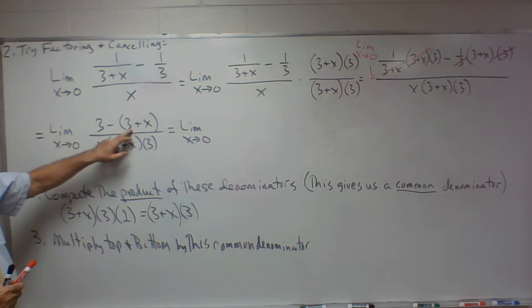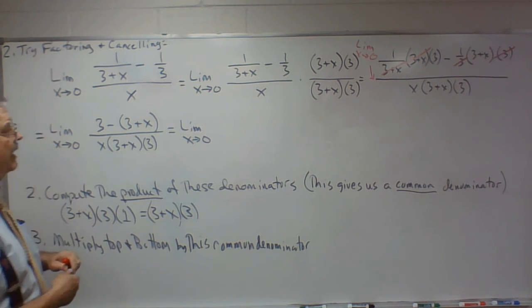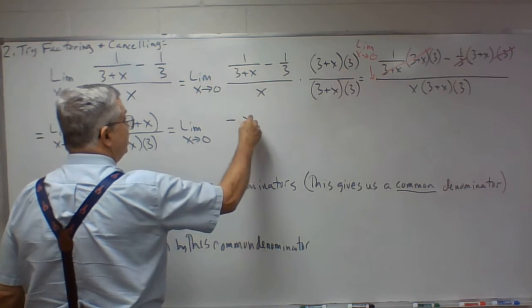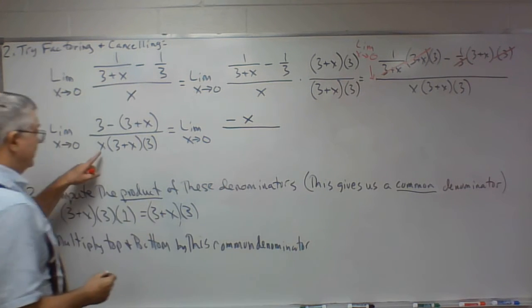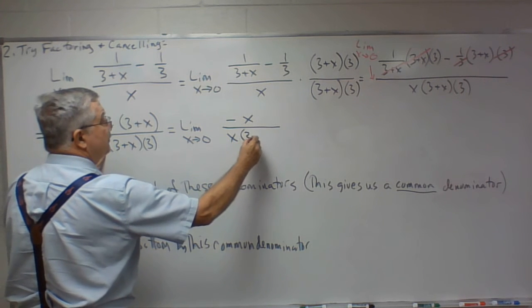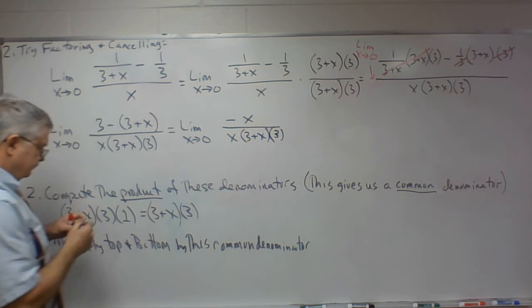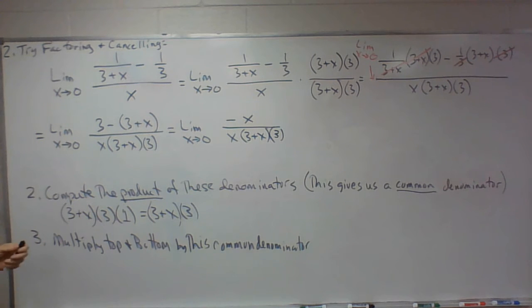Three minus 3 is 0. Distribute this minus sign to the x. We have a negative x on top. And on the bottom, x, 3 plus x, and 3. And guess what?